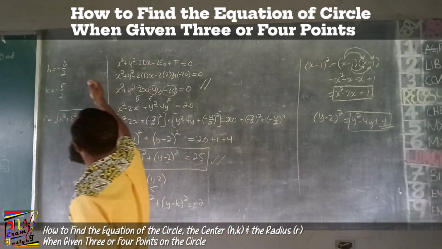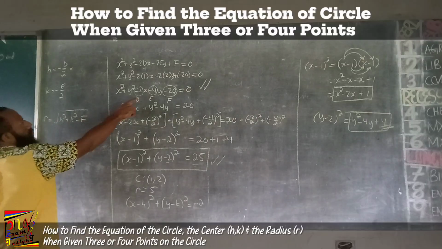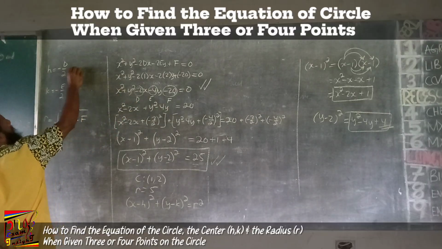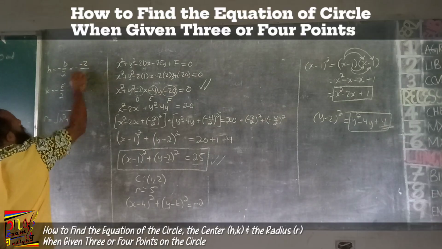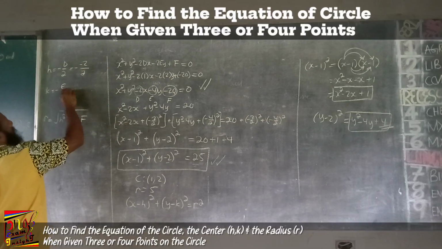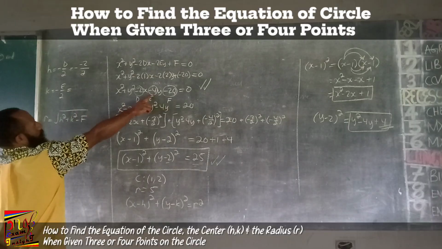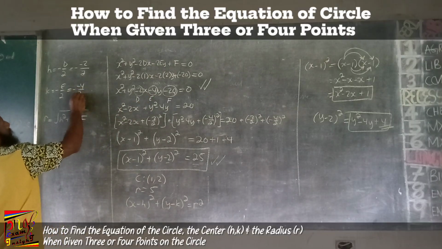From here, you substitute into the formula given. So we know that our D is minus 2. So we have minus 2 here, then minus 2 all on 2. Okay, our E is minus 4. So we have minus 4 on 2.